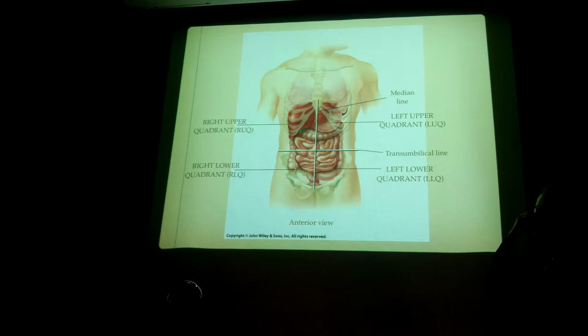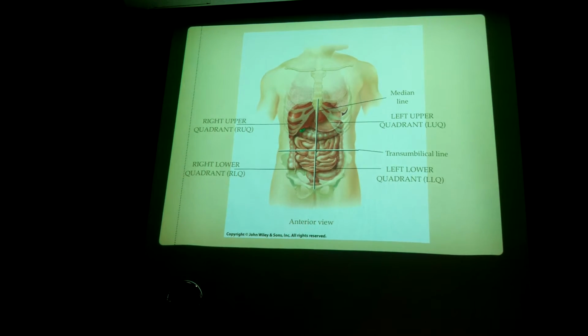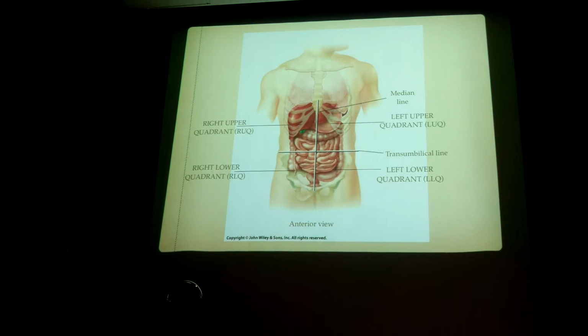What is this big red organ in the right upper quadrant? The liver. Right, okay, how about the lowest tube shape in the left lower quadrant? That would be the sigmoid colon, right?